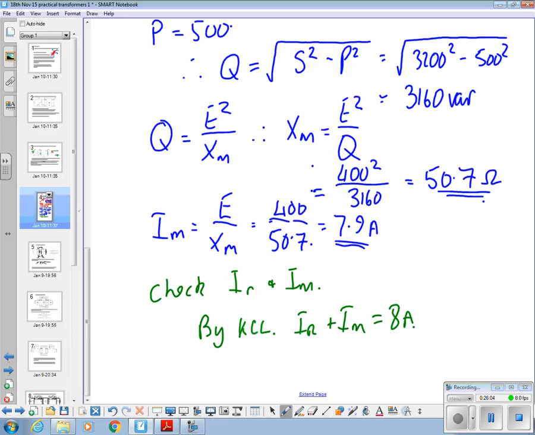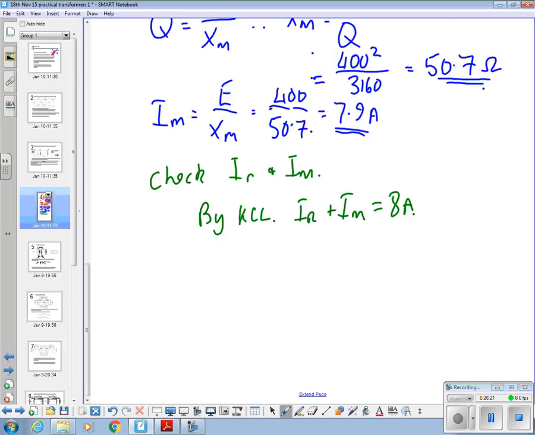They should add up to IO, shouldn't they? 7.9 plus 1.25 is a long way off 8 amps.